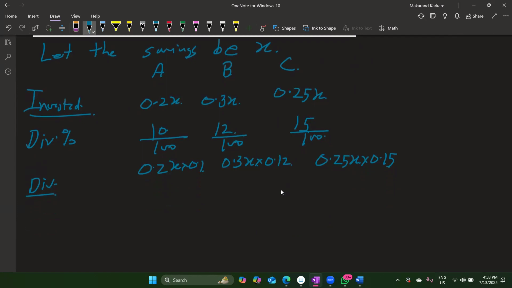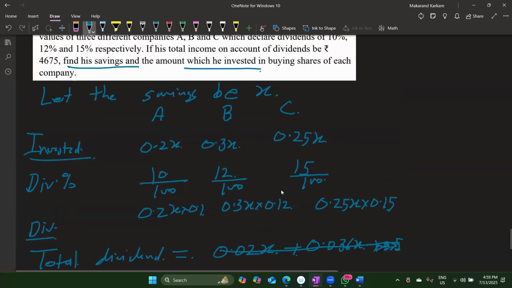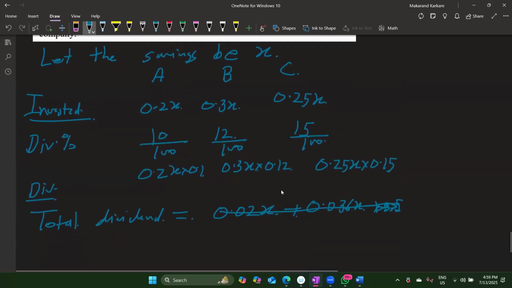And so total dividend. What is the total dividend? So this is going to be 0.02x plus 0.036x plus 0.0375x. Sorry, so I'm just going to rewrite this. Total dividend is 4675.